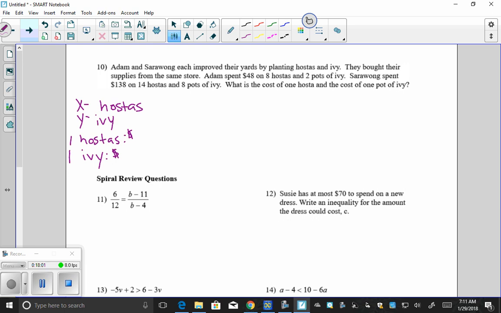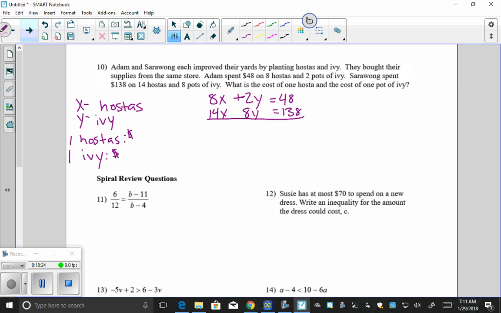So I'm going to set up an equation. So $48 was how much he totally spent, and he bought 8 hostas and 2 ivies. Sarah Wong spent $138 on 14 hostas and 8 ivies.